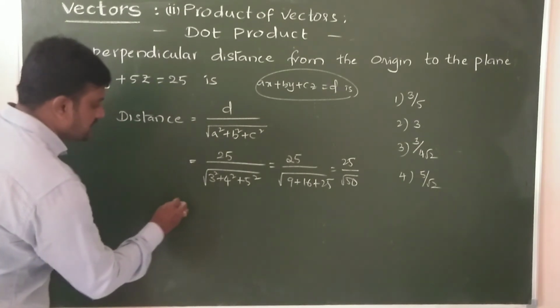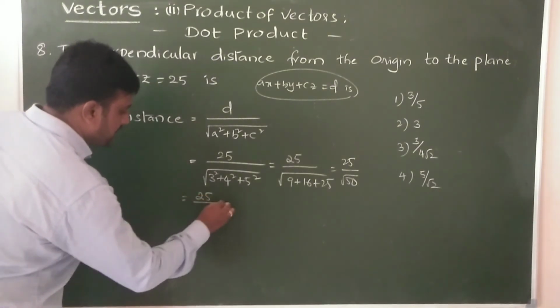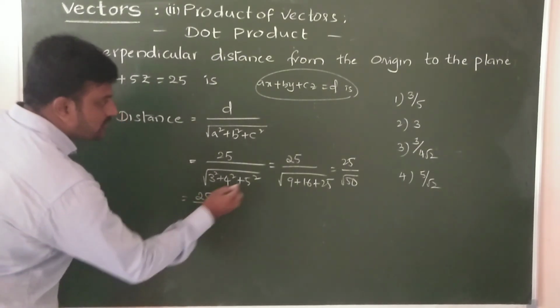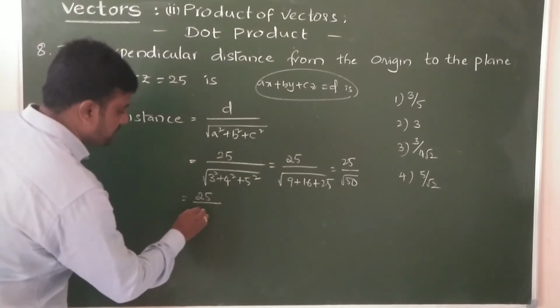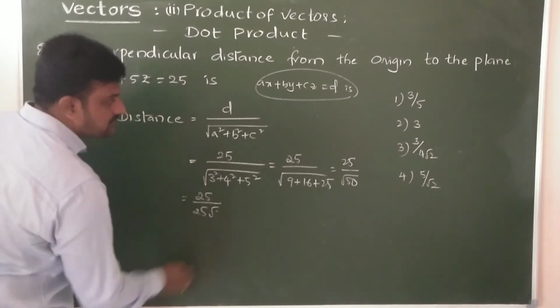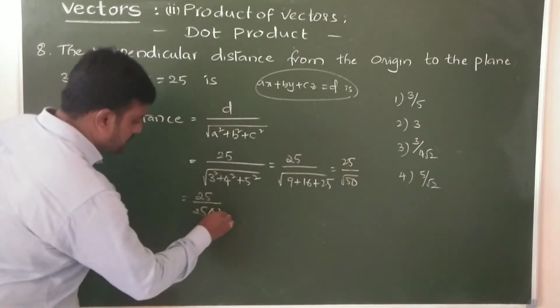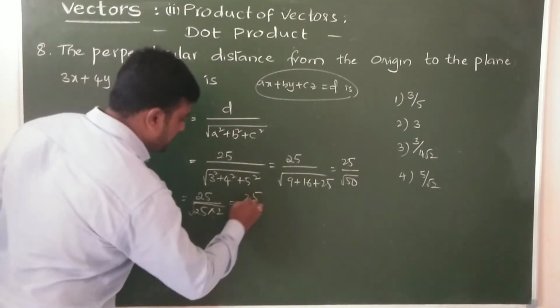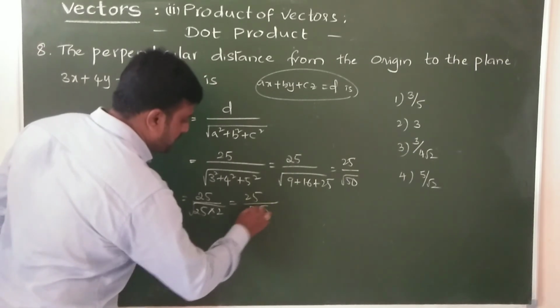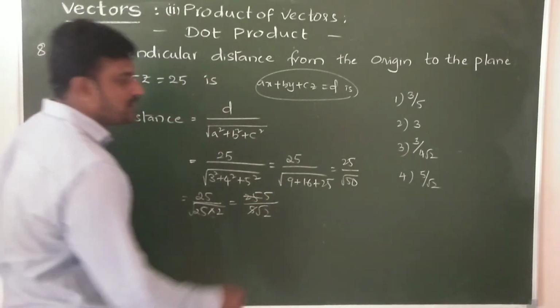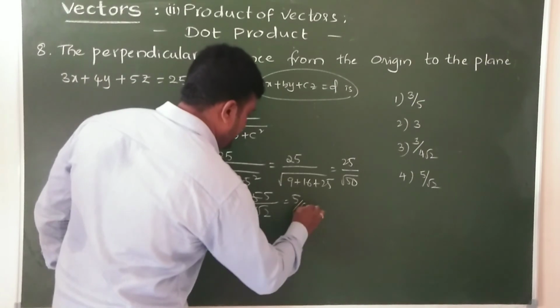Then the distance equals 25 by 5 root 2, which is nothing but 5 by root 2.